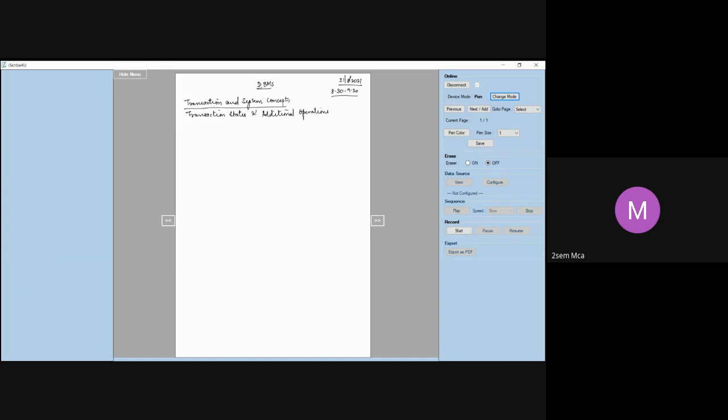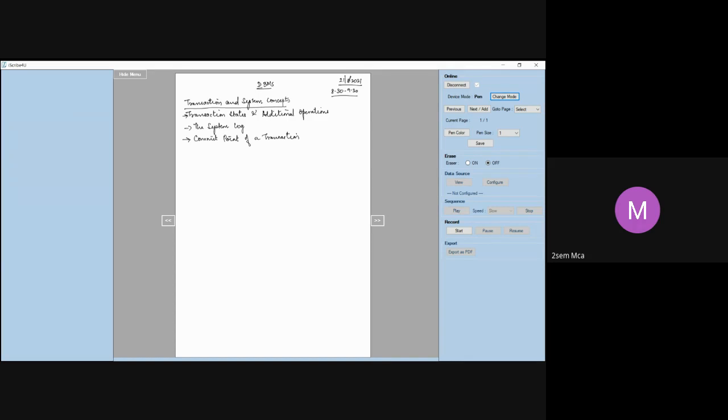Then we will look into what is called the system log. And then we will also try to understand what we mean by the commit point of a transaction. These are three important concepts that form our next topic in this class.